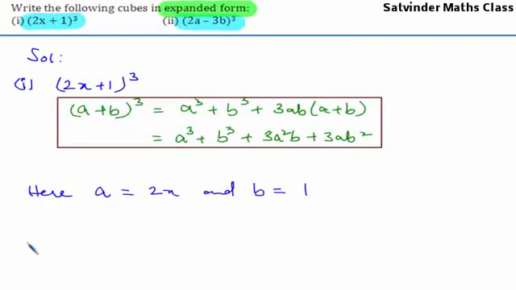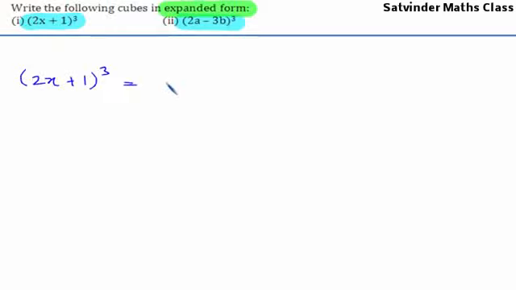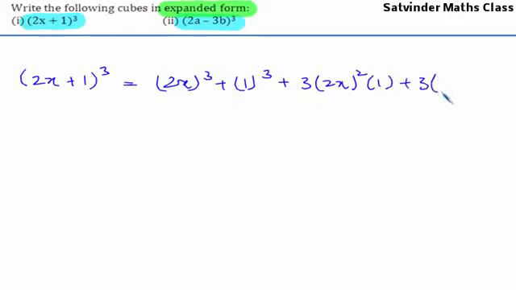Now let us expand (2x + 1) whole cube with the help of the identity. We will get a cube plus b cube plus 3, a is 2x, a square, b plus 3, a, b square. Now let us simplify this.